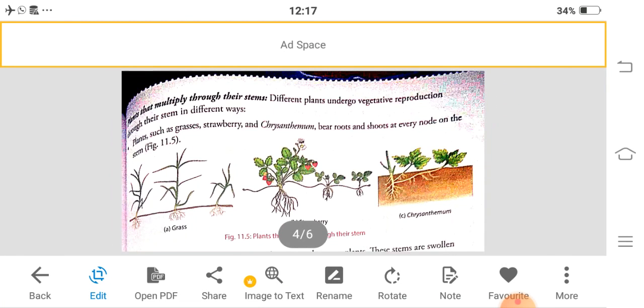Next, some plants multiply through their stems. There are various plants such as strawberry, chrysanthemum and grasses, which bear both roots and shoots at every node on the stem.